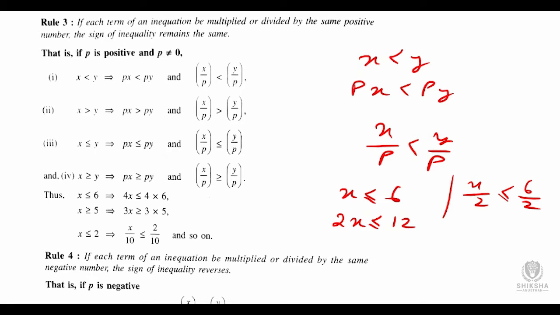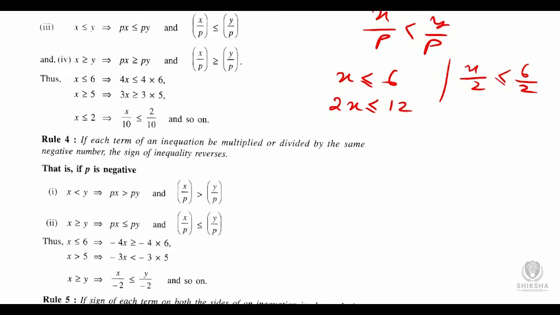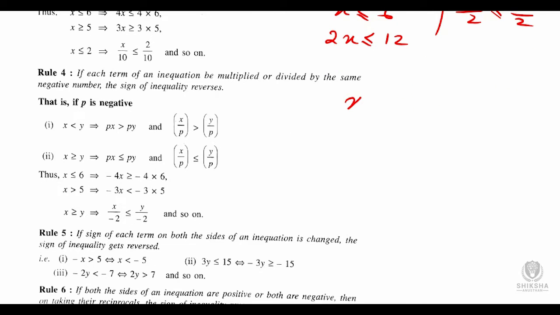Then rule number 4. If each term of an inequation is multiplied or divided by the same negative number, the sign of inequality reverses.